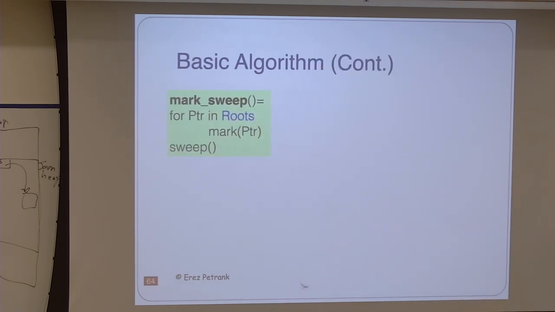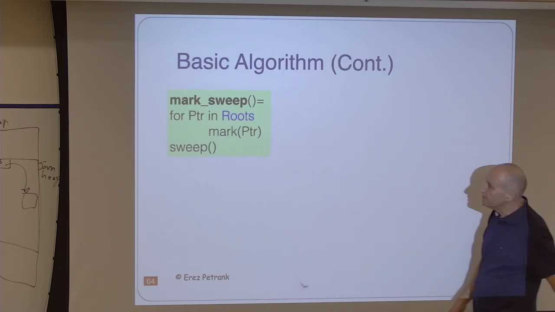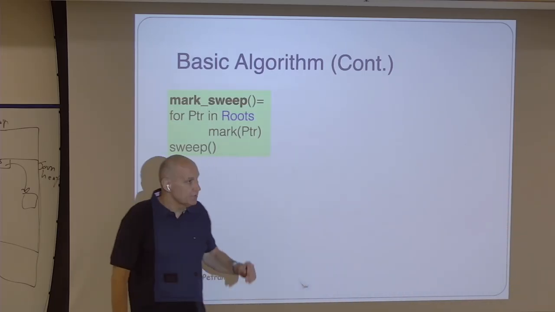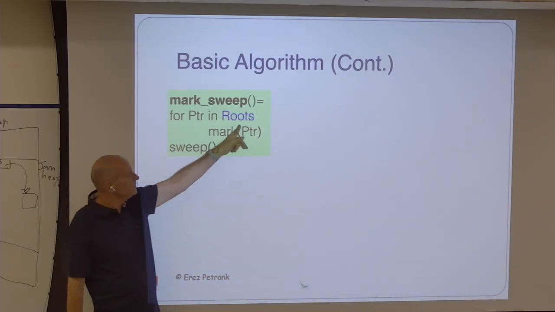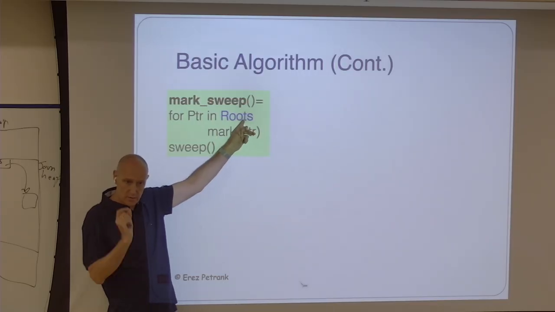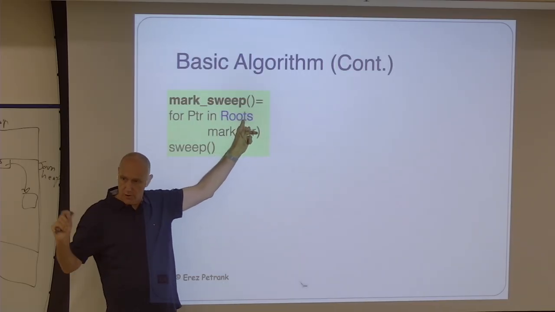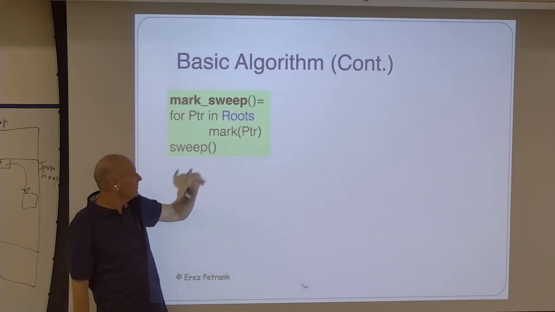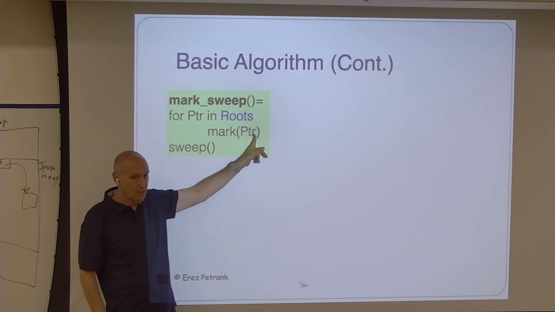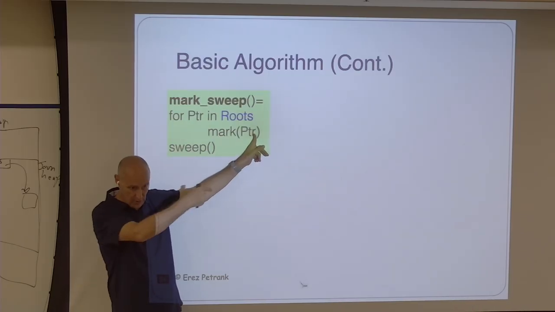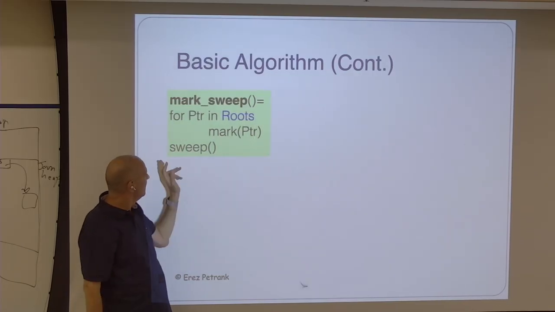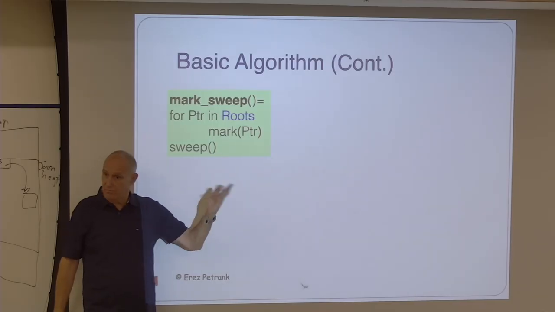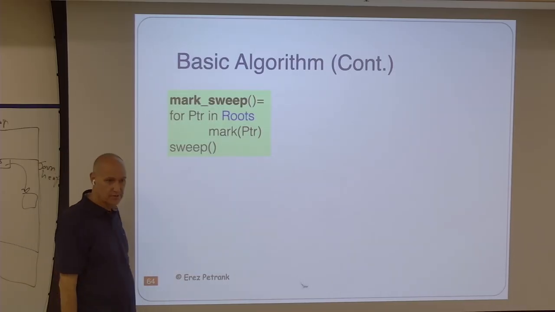Okay, so here's the basic algorithm. I have mark sweep, and for all the pointers in the roots, which is the abstract thing that says what the program can directly reach, for all the pointers there, I mark them. And mark is a routine, a method that I'll have to tell you what it does. And then I sweep, I go through the heap, and I will also tell you what I do.